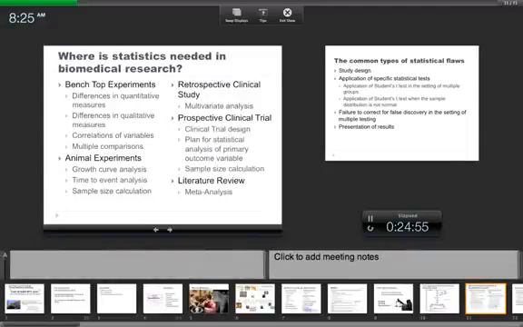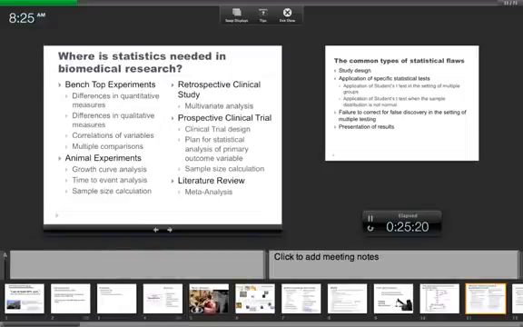And in animal experiments, especially in cancer research, we're looking at the differences in the growth rate of the tumor. So then we look at growth curve analysis. If we look at how soon the animals would die, that analysis is called time to event analysis.